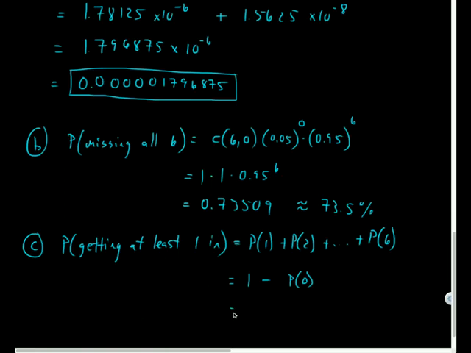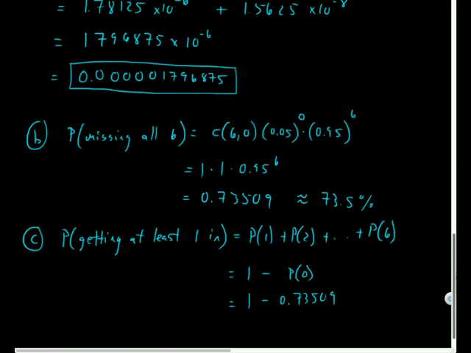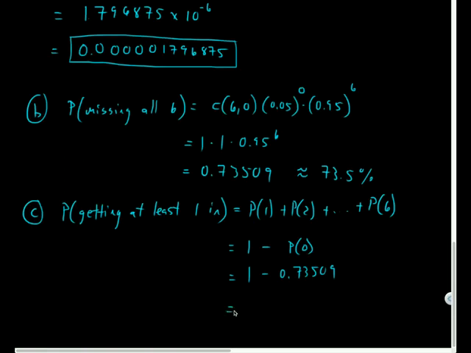So how could I do that? That's 1 minus the 0.73509. So that is going to equal 0.264908. So I actually have about a 26.5 percent chance of getting at least one in.